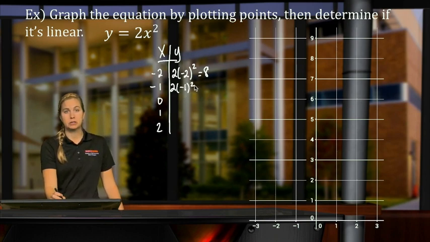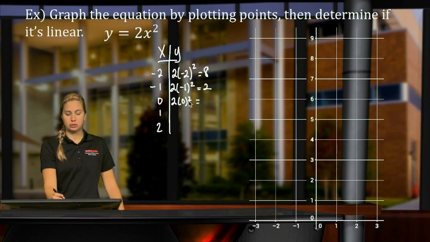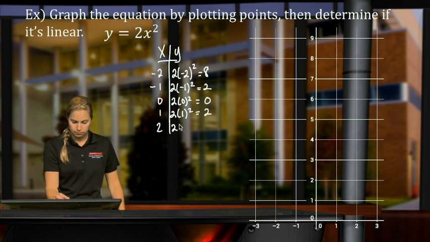-1 squared is 1 times 2 is 2. Zero squared is 0 times 2 is 0. 1 squared is 1 times 2 is 2. 2 squared is 4 times 2.